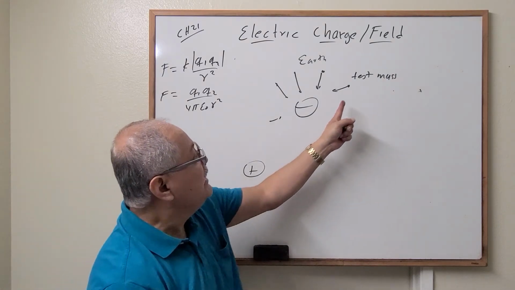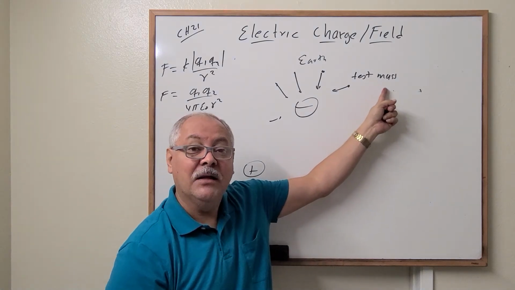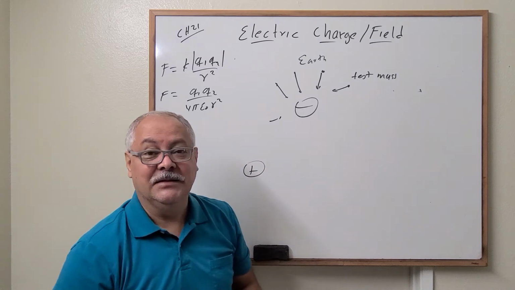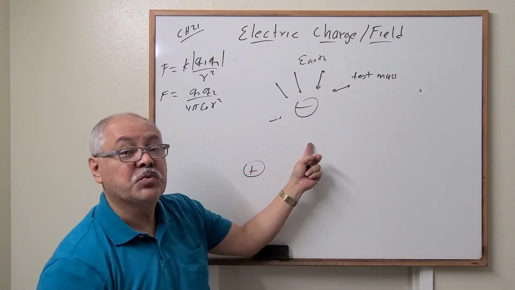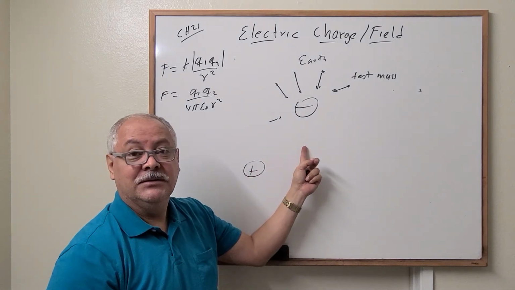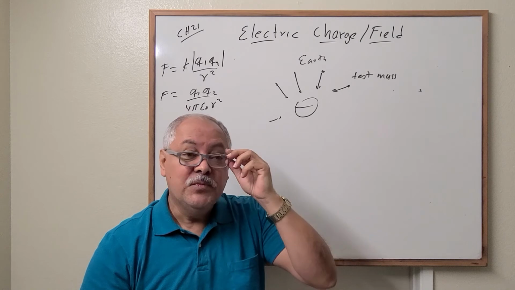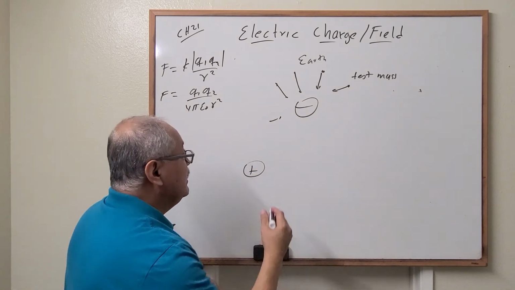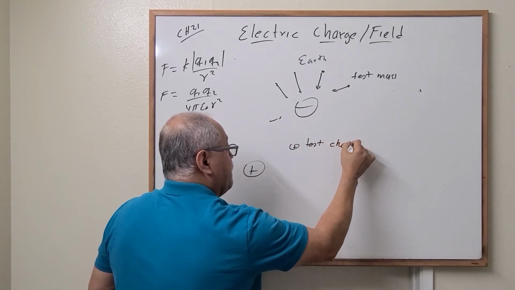Now we need again to use a reference particle that helps us find the electric field. In the gravitational case, we used a mass because we're dealing with masses. In this case, we need to use a charge because we're dealing with charges, correct? But because we have two charges, we have to take one to be the test charge. In this case, it is the positive charge. So the positive charge right here is the test charge.